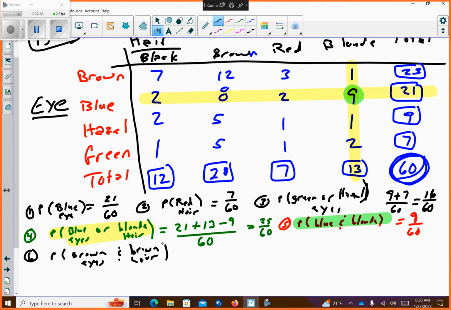My pen is lagging on me. All right, so let's highlight this in blue. Brown eyes and brown hair, it's this person here. That's all we're worried about there. So that gives us a 12 out of 60 probability of drawing them out.